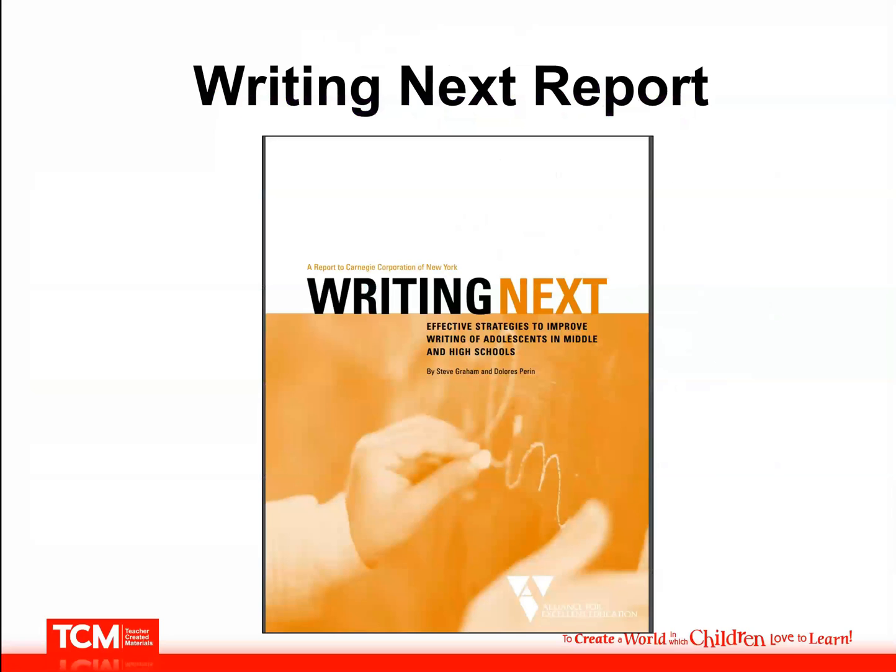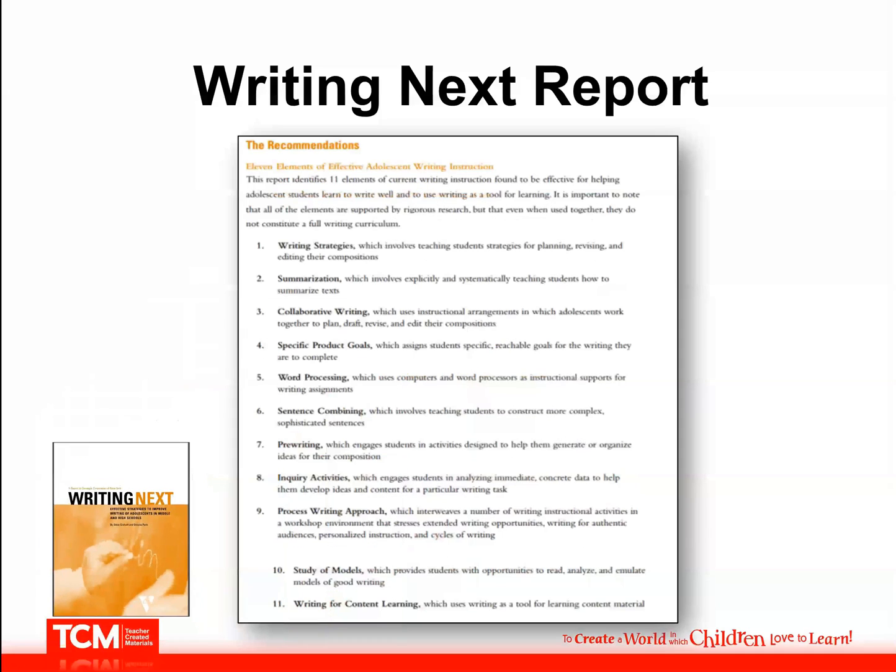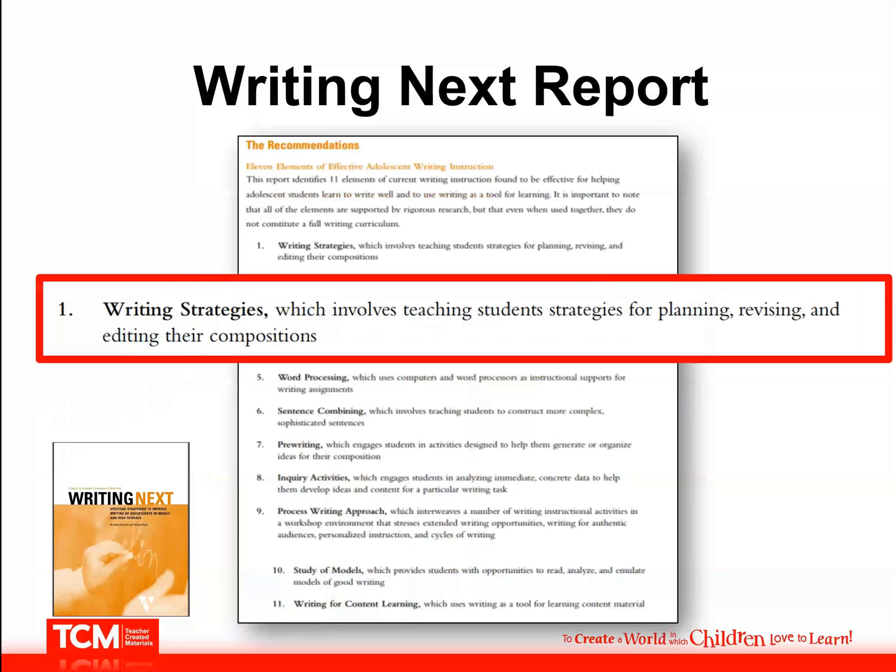This work and focus on teaching the recursive writing process is supported by research. In the seminal 2007 Writing Next report, writing strategies is listed as one of the 11 recommendations for writing instruction for students. The number 1 item was teaching writing strategies and giving students ways to plan, revise, and edit their work.